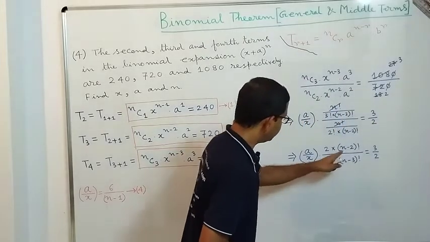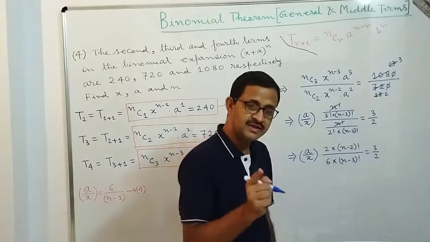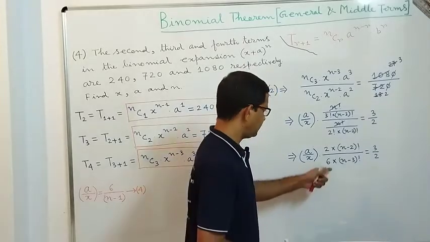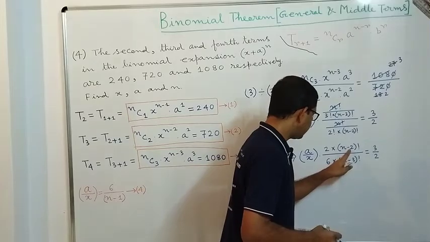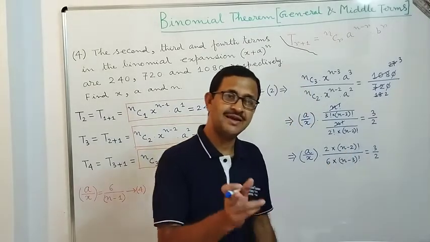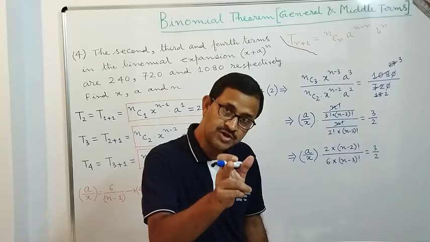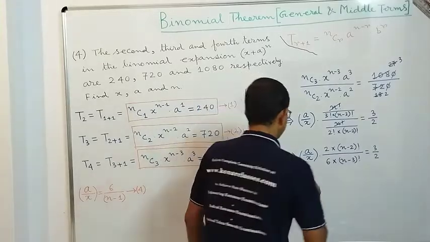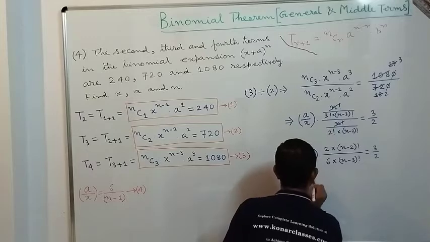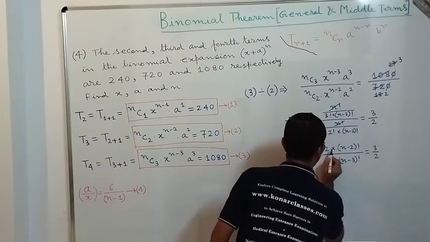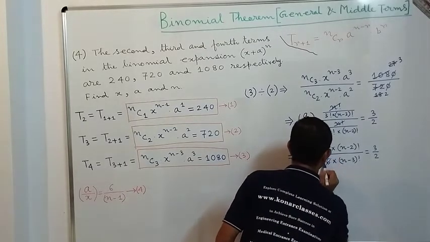Now, dear students, between n minus 2 and n minus 3, n minus 2 is larger; n is obviously a positive integer, hence we are saying so. So we can write n minus 2 factorial as n minus 2 into n minus 3 factorial. This implies a by x into, and this 2 and 6 get cancelled, 3.